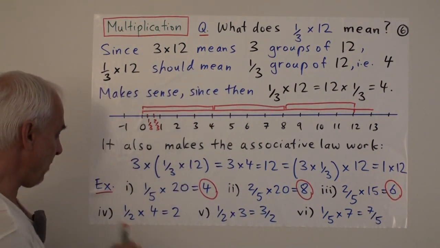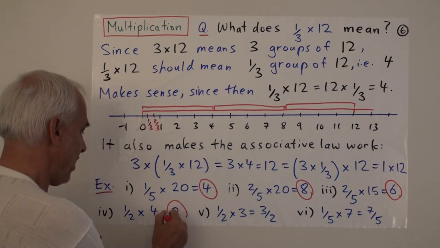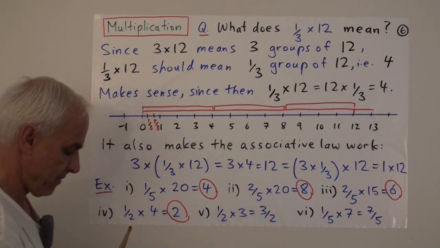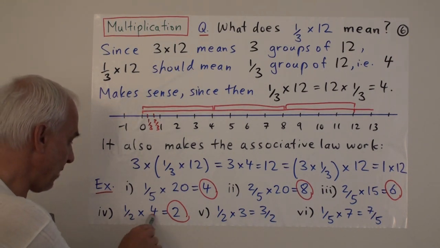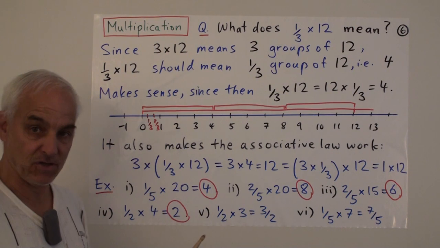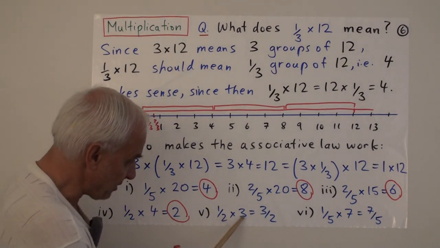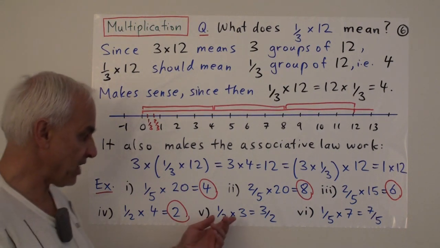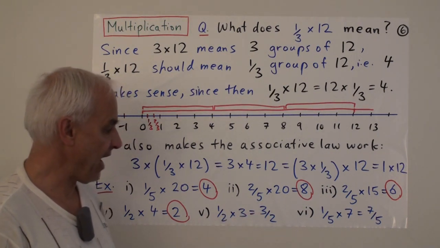How about 1/2 times 4? Well, that's 2. 1/2 times 3? That's something new. When we took 1/2 times 4, we're essentially dividing 4 by 2. When we multiply 1/2 times 3, we're essentially dividing 3 by 2. And so we're getting 3/2.